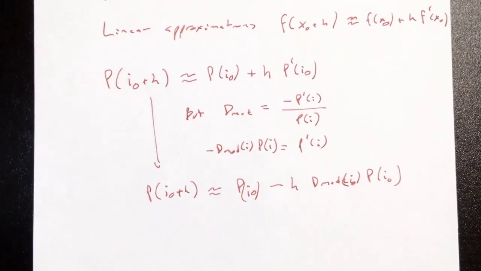There's a way to figure out what happens when the interest rate changes using the duration, the modified duration in particular.